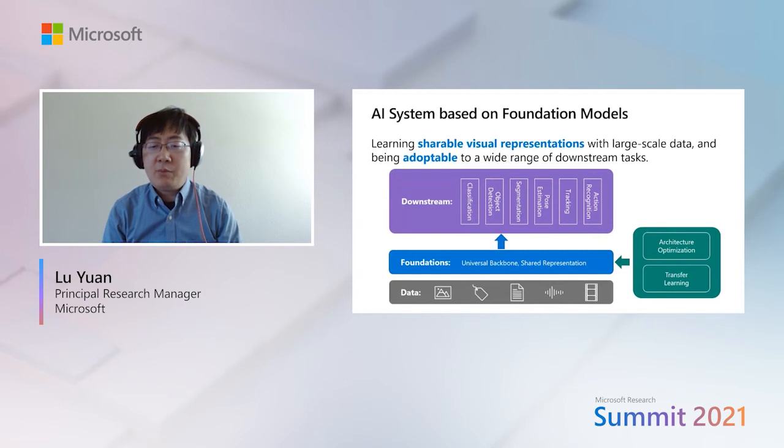And then the representation can be adapted to a wide range of downstream tasks, including classification, object detection, segmentation, and so on. In such a three-layer AI system, transfer learning makes foundation models possible, while scale makes them powerful.